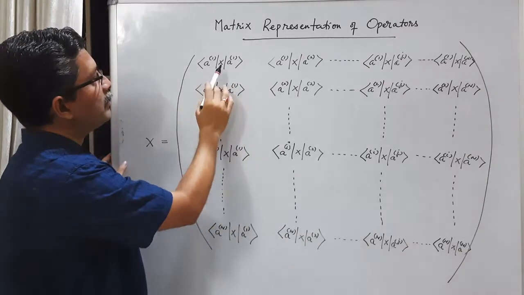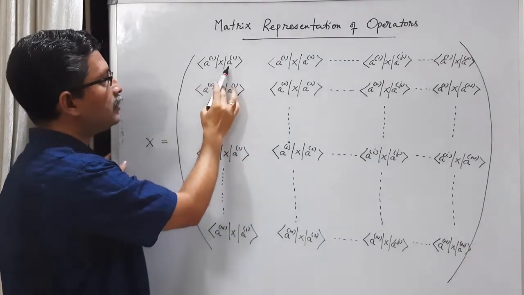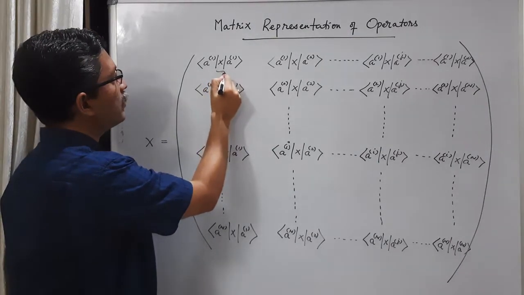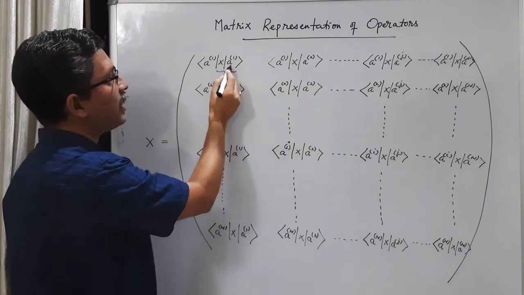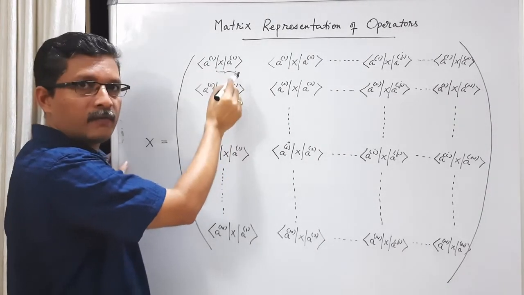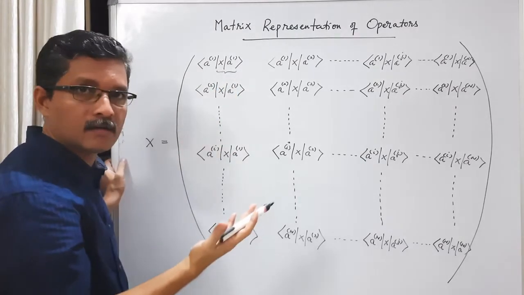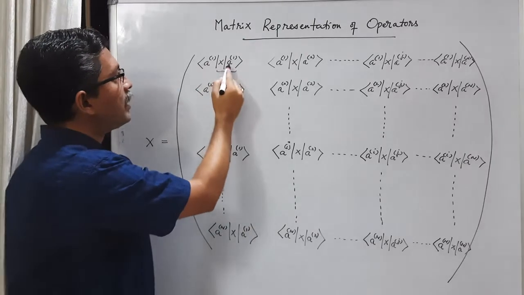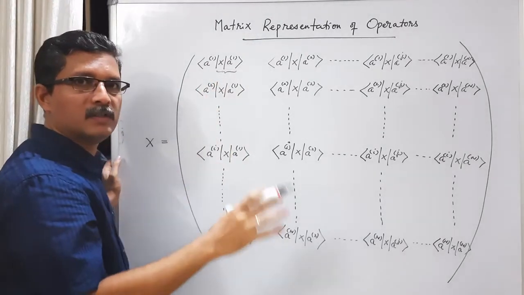So what is happening here? The operator x is acting on the base vector a1, right? When an operator acts on a vector, whether it is a general vector or a base vector, in general the vector will change.